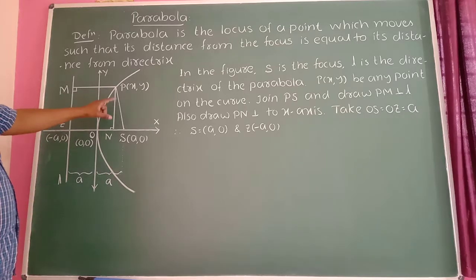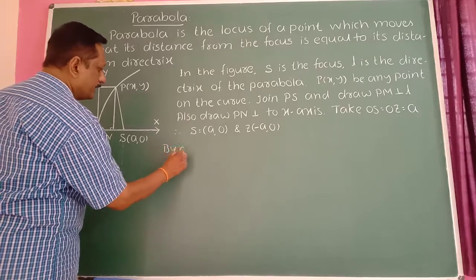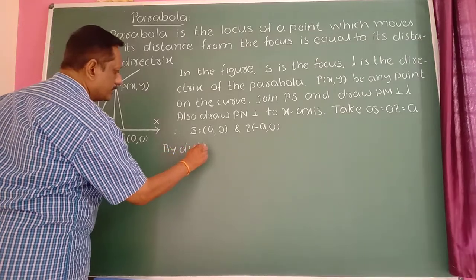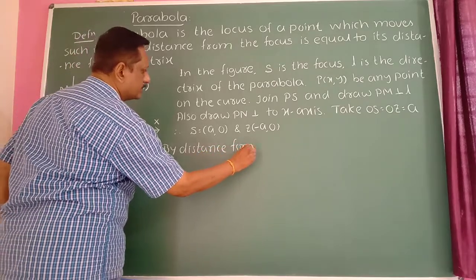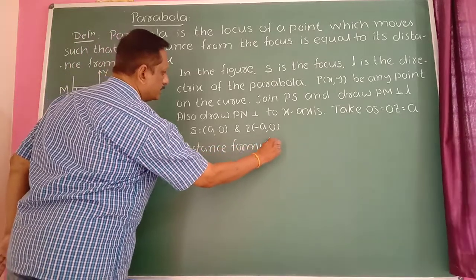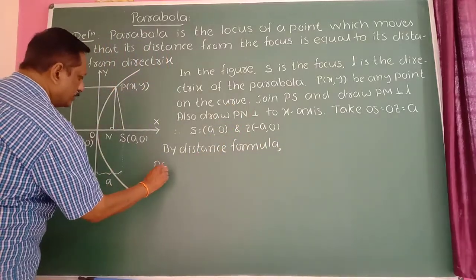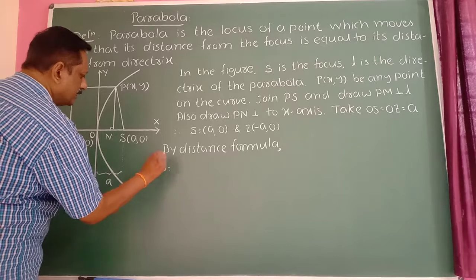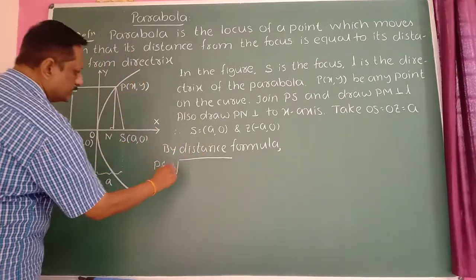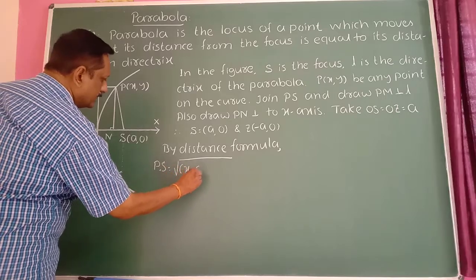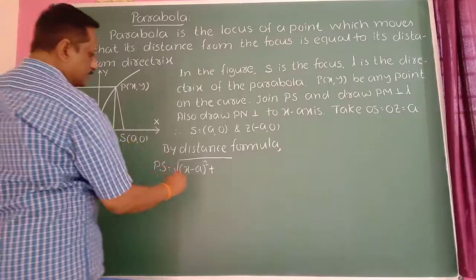Now you can use the distance formula. By distance formula, we have PS is equal to the root of (x minus a) whole square, plus (y minus 0) whole square.